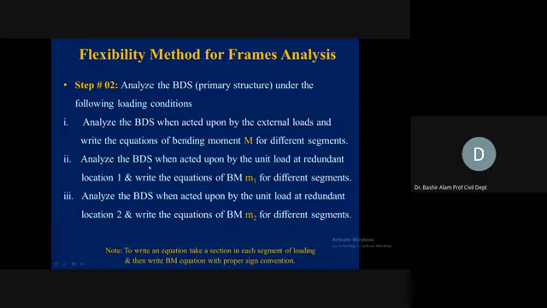Then, analyze the basic determinate structure when acted upon by the unit load at redundant location 1 and write the equation of bending moment small m1 for different segments. And then analyze it when acted upon by the unit load at redundant location 2 and write the equations of bending moment m2 for different segments.